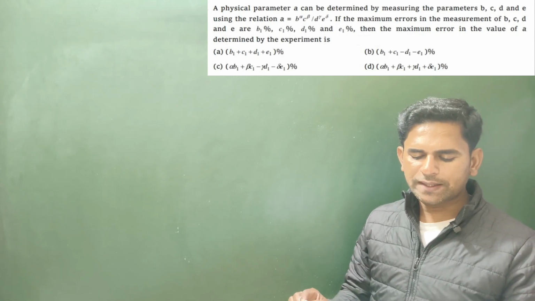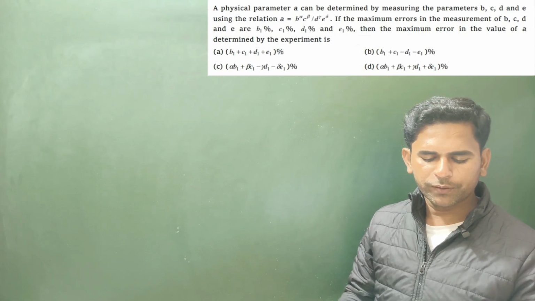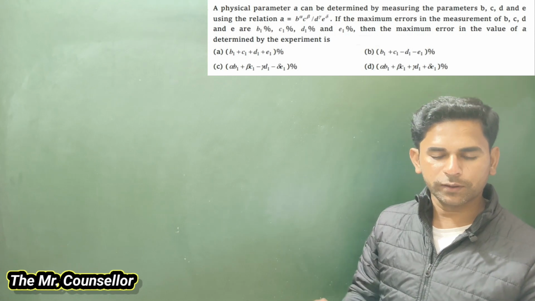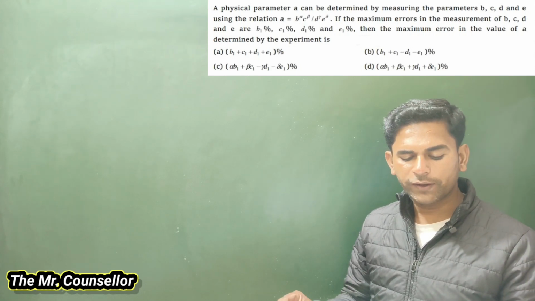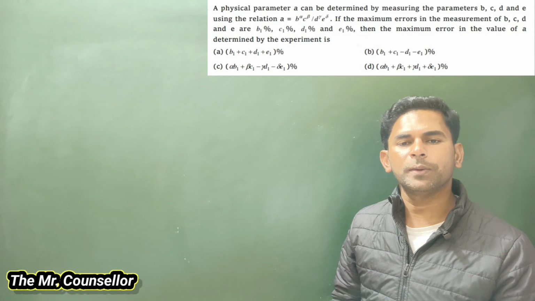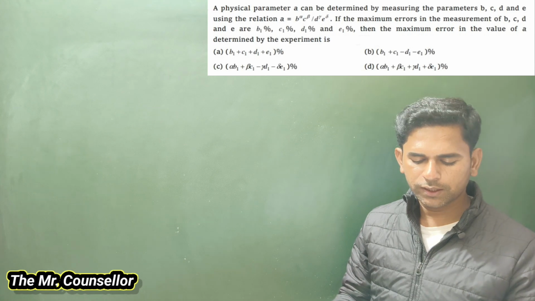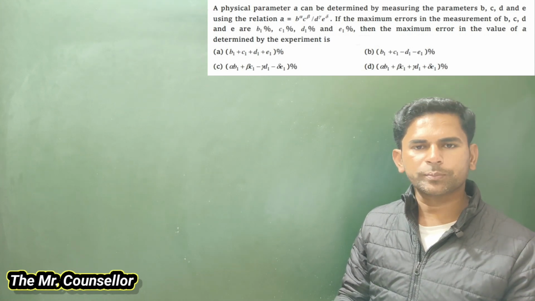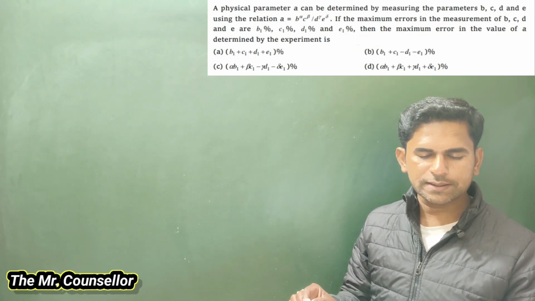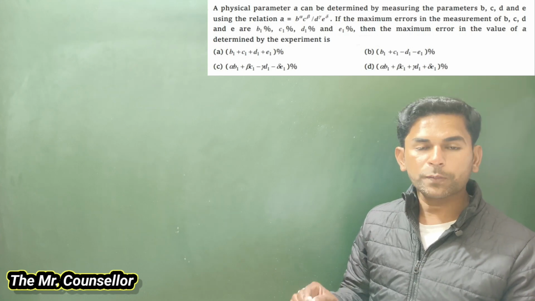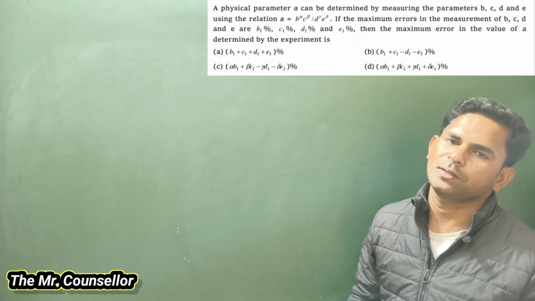If the maximum errors in the measurement of b, c, d and e are b1%, c1%, d1% and e1%, then the maximum error in the value of a determined by the experiment is: option A, b1 plus c1 plus d1 plus e1%; option B, b1 plus c1 minus d1 minus e1%; option C, alpha b1 plus beta c1 minus gamma d1 minus delta e1%; option D, alpha b1 plus beta c1 plus gamma d1 plus delta e1%.